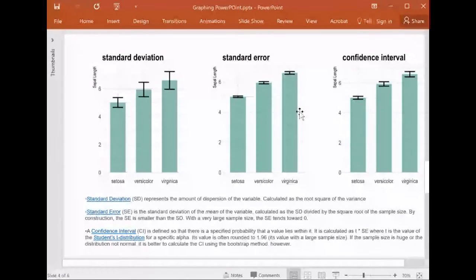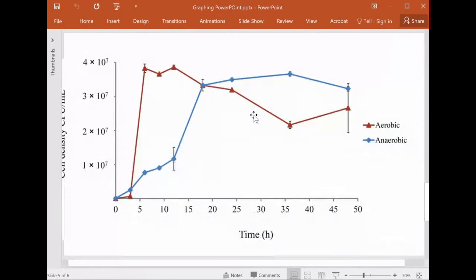That's not necessarily true of the other 2 always. All right. So just a reminder, and here's how it might look on a line graph, all right? And you can see here they didn't choose to do it on every point. They just kind of did it on some points along the way.